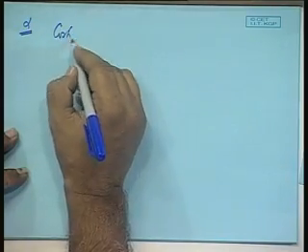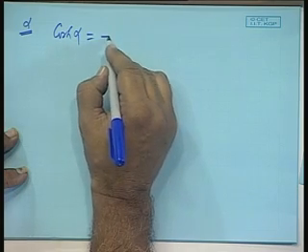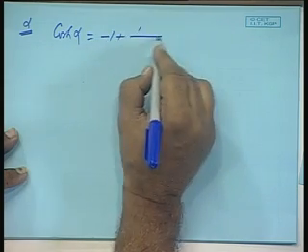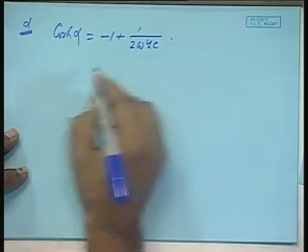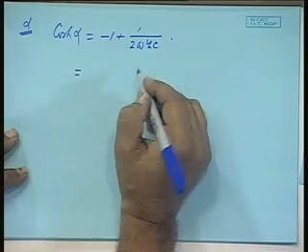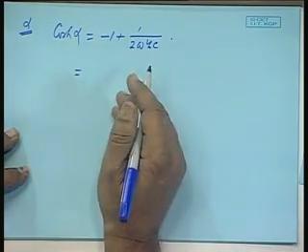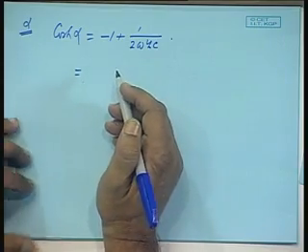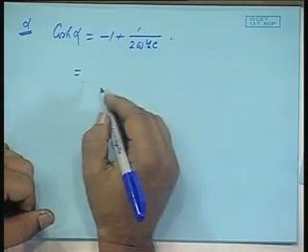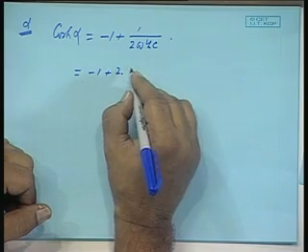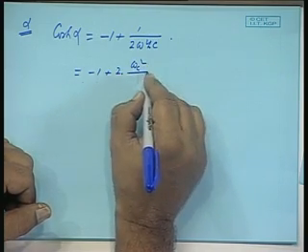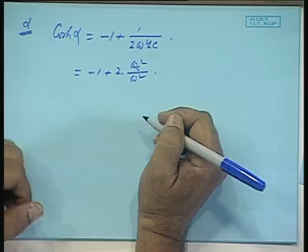Cos alpha is minus 1 plus 1 by twice omega square L c. I have just put the conditions for Z1, Z2 and so on. So, we get minus 1 plus 2 into omega c squared by omega squared.